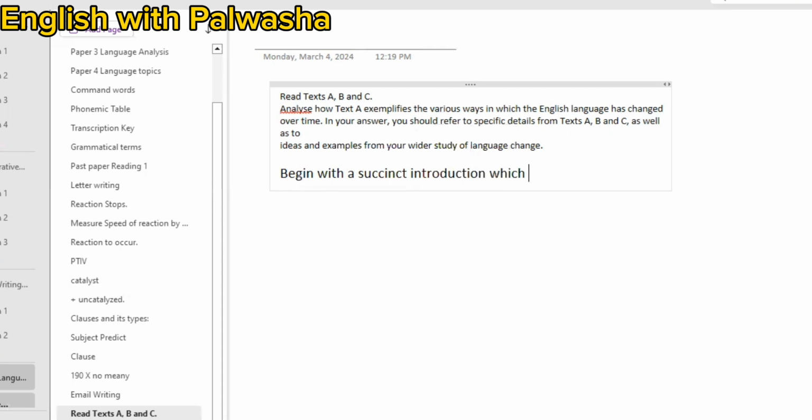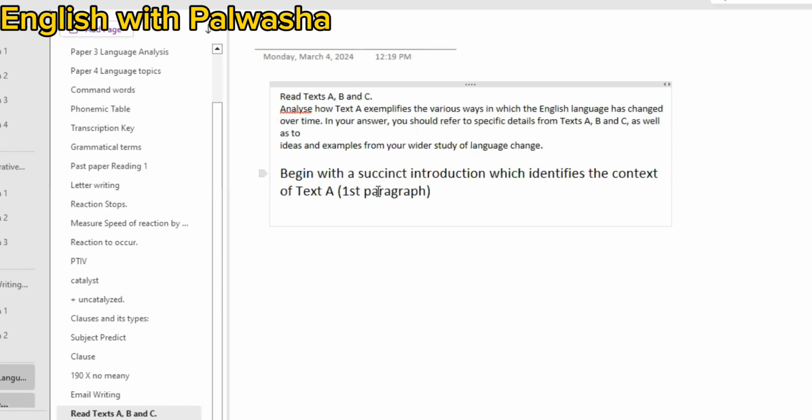You can also make notes, because you are going to attempt this task. So I'm just telling you how you have to do it. For example, you are going to make your first paragraph by giving the introduction. So you need to give a clear introduction.